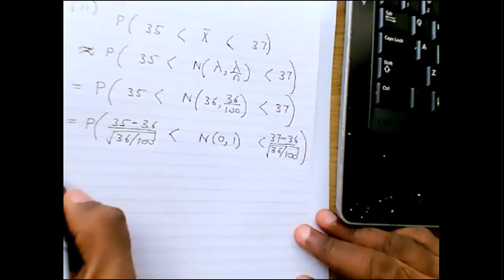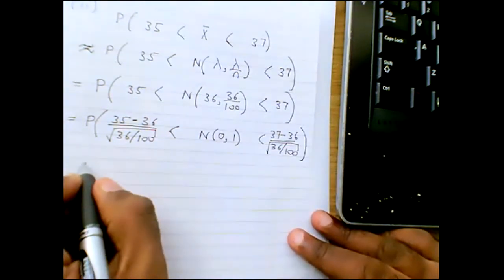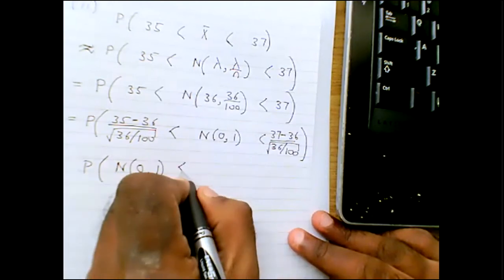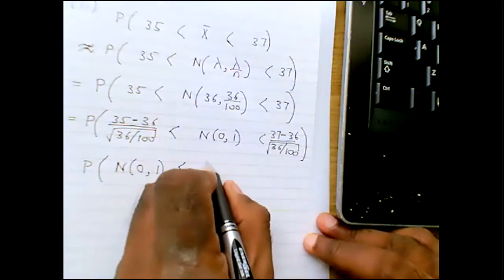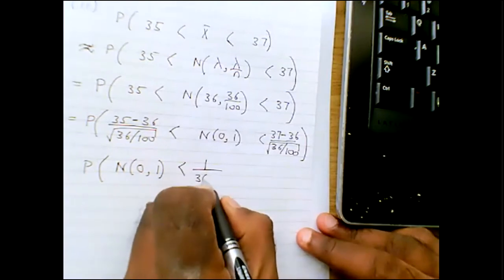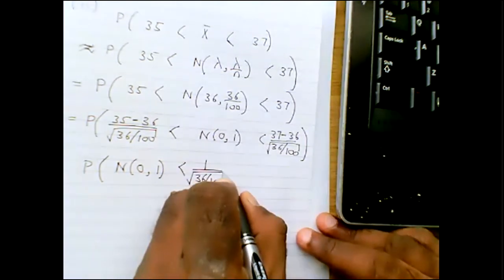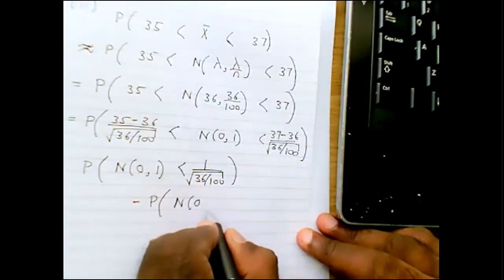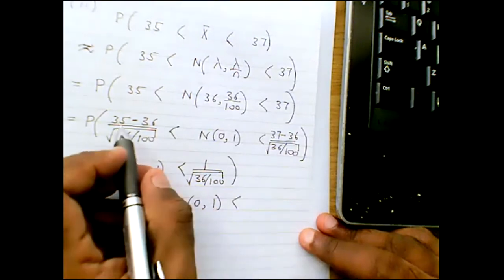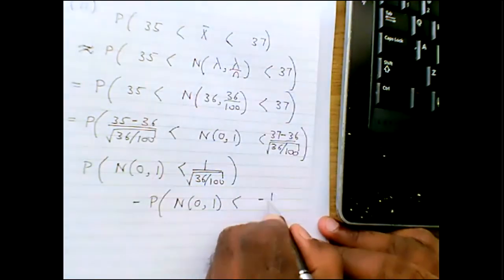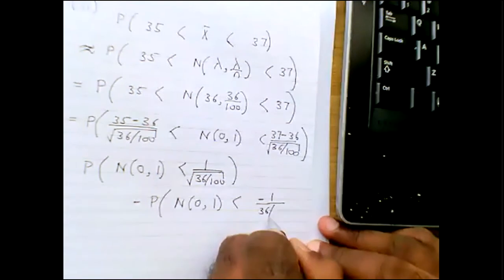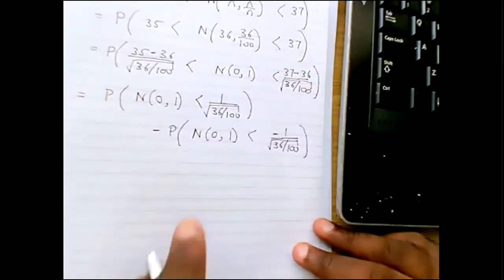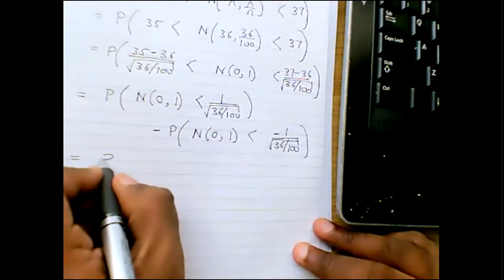Now you can write this as the difference of these probabilities. 37 minus 36 is 1, divided by the square root of this, minus the probability that N(0,1) is less than 35 minus 36, which is minus 1, divided by the square root of this. Now you can read this off the table.